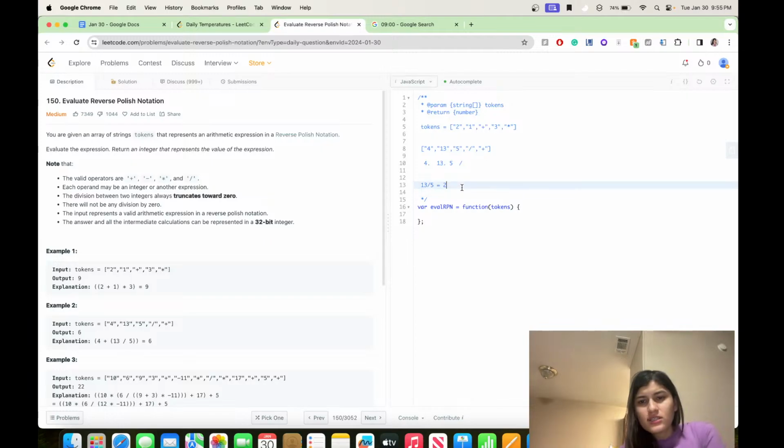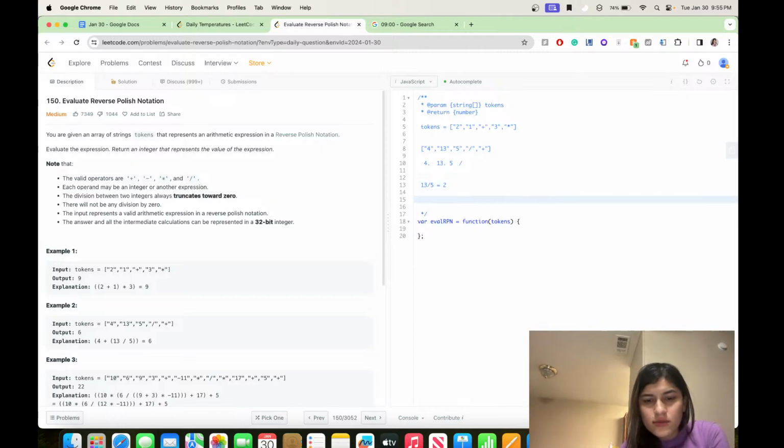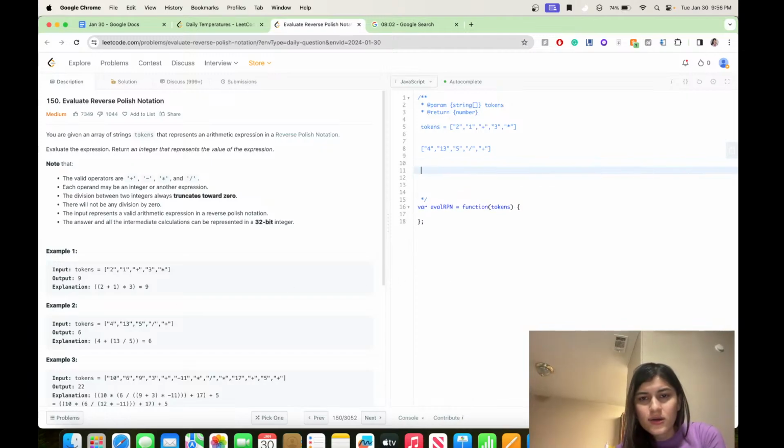My question is, should I take the integer of 13 divided by 5? Is it 2 point something, or just 2? Okay, I'll just say that it is 2. And then plus, so 4 plus 2 is 6. Since they are saying it will always truncate towards 0, truncate means we just drop the decimal. Suppose it is 3.6.